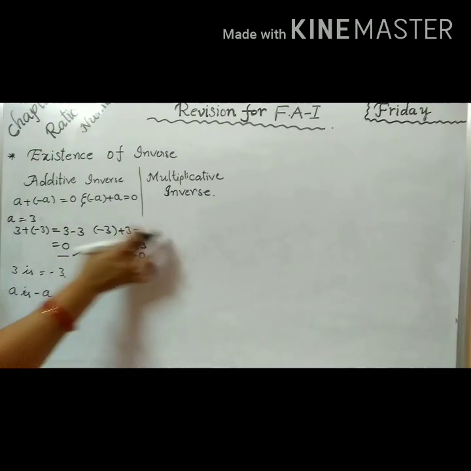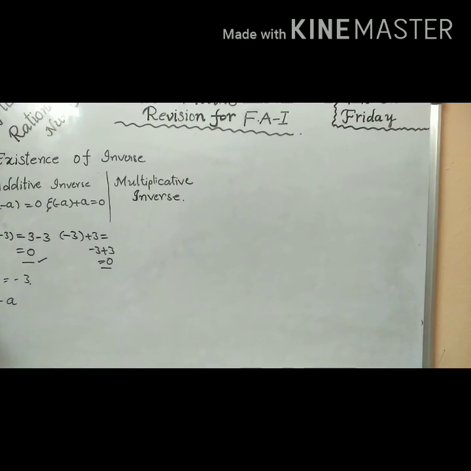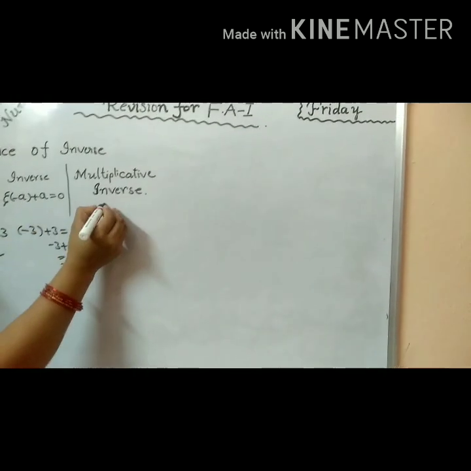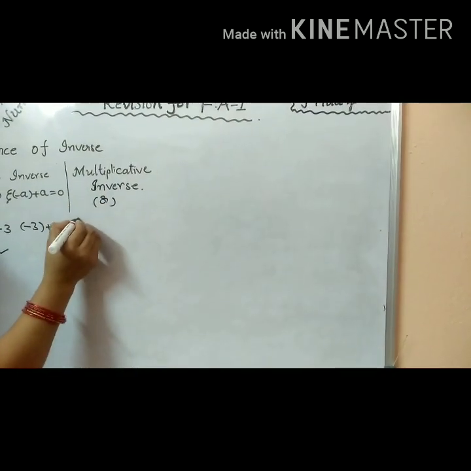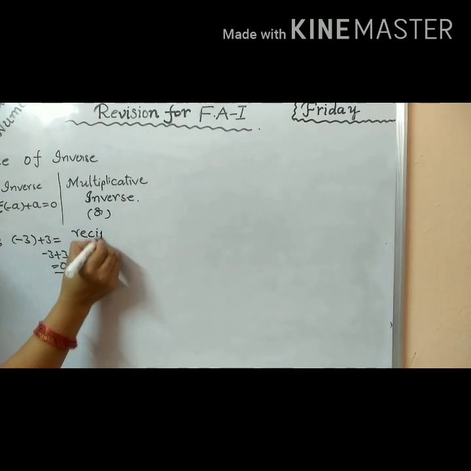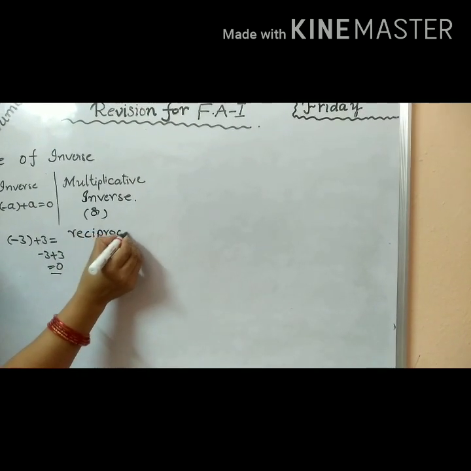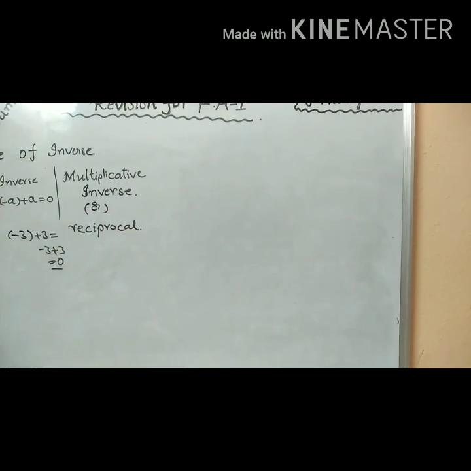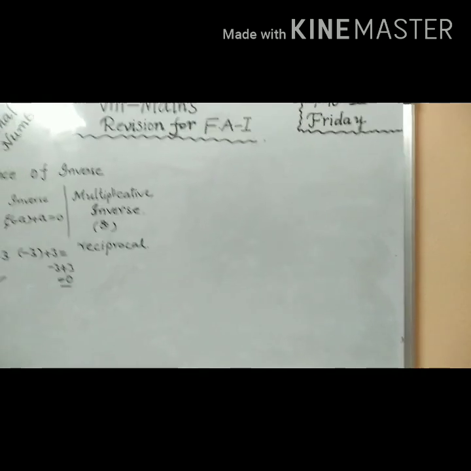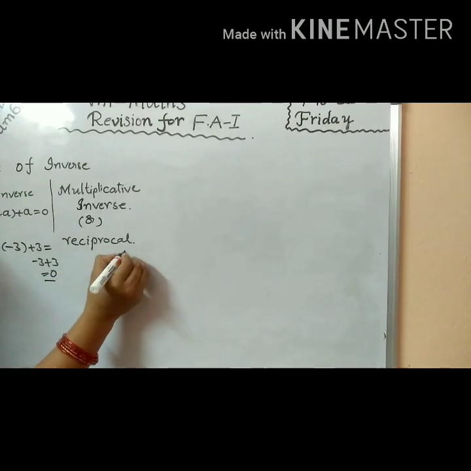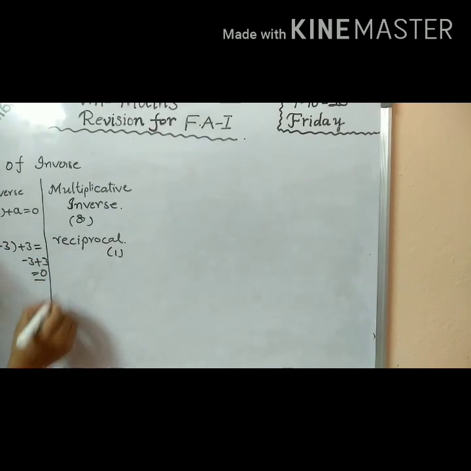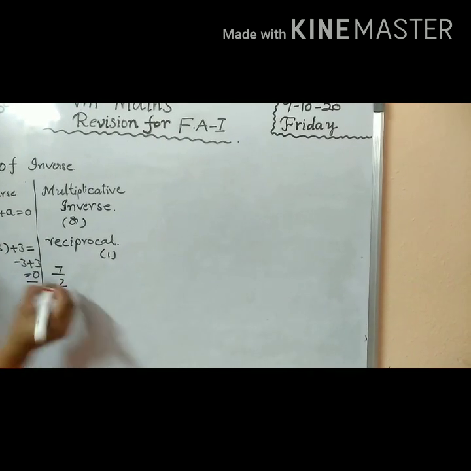Okay. Next, in this case of multiplicative inverse. What is the multiplicative inverse? We call that reciprocal also. Reciprocal. So for example, in the case of multiplicative inverse, you have to take the rational number 7 by 2.